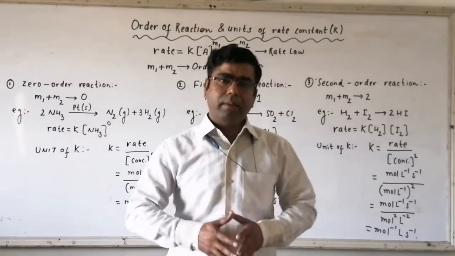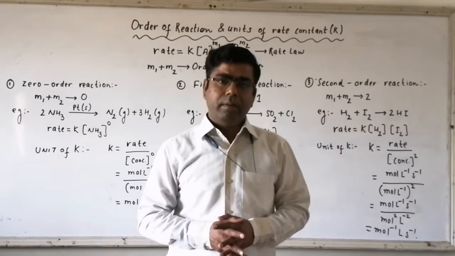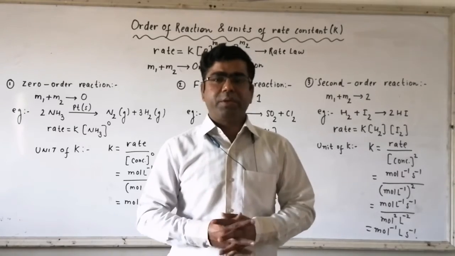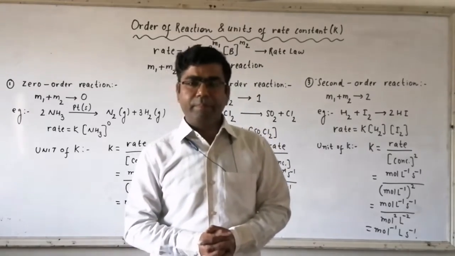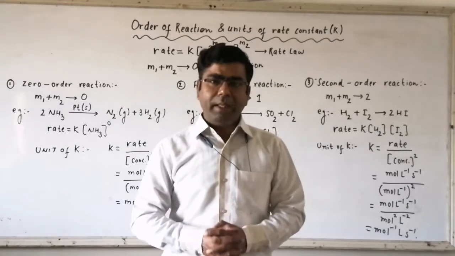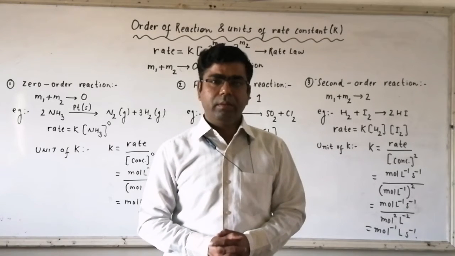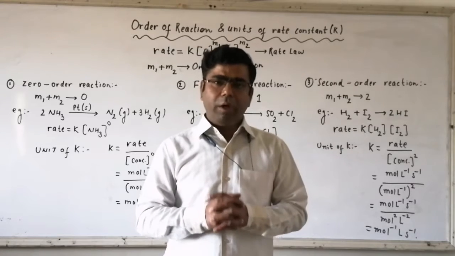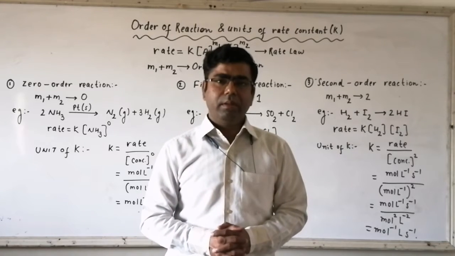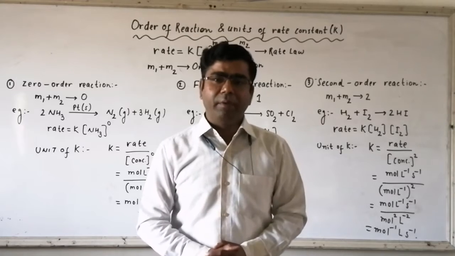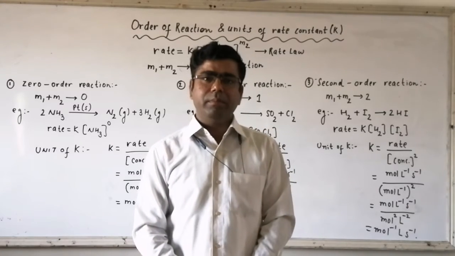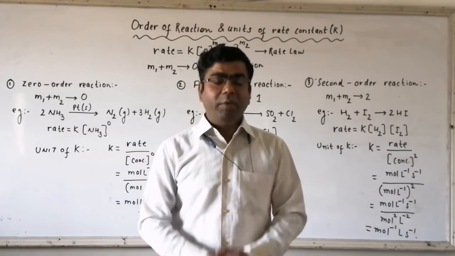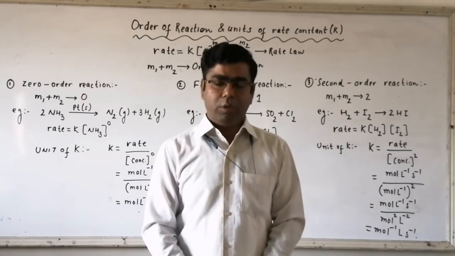So let us revise the definition of order of reaction. I have explained you that order of reaction is the sum of the powers to the concentration term which is written in rate law.